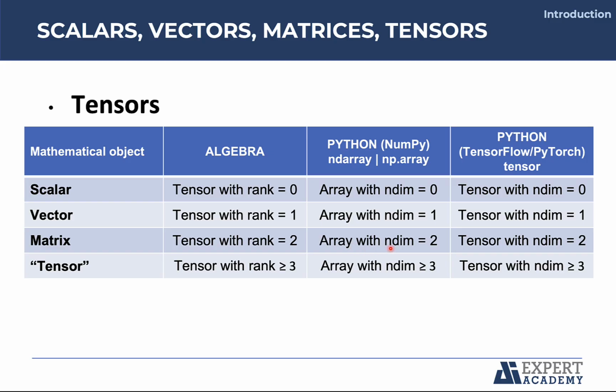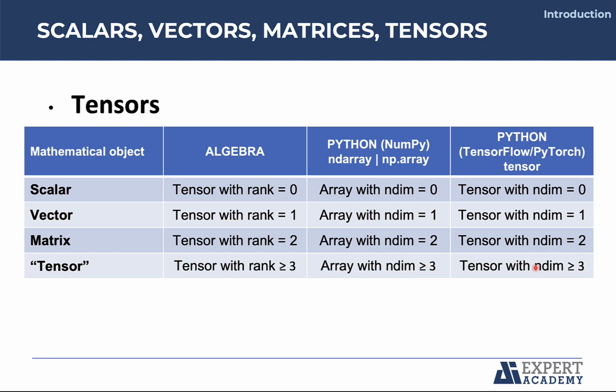In Python NumPy, it is an array with the number of dimensions equals to 2, the same for TensorFlow. And finally, here we have the tensor, which is considered a mathematical object with rank greater or equals to 3, the same in NumPy and TensorFlow and PyTorch.